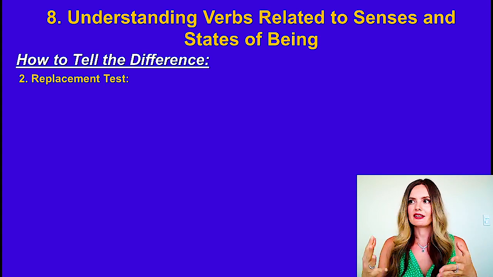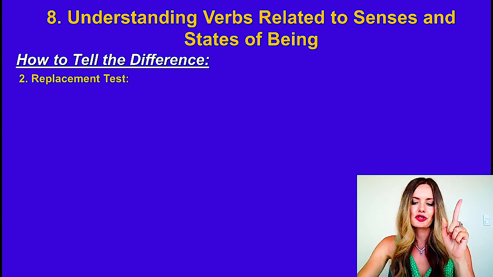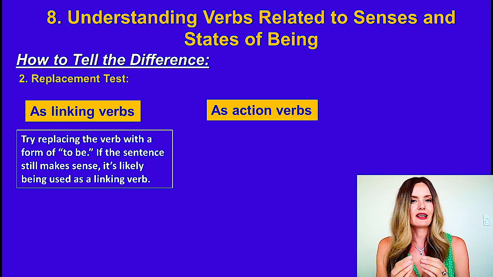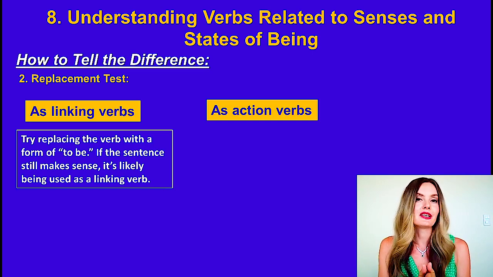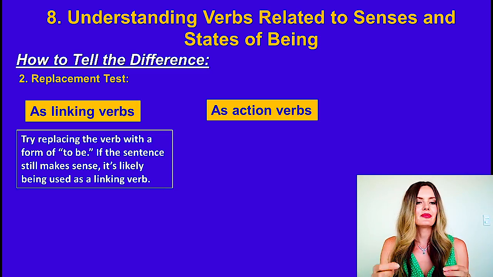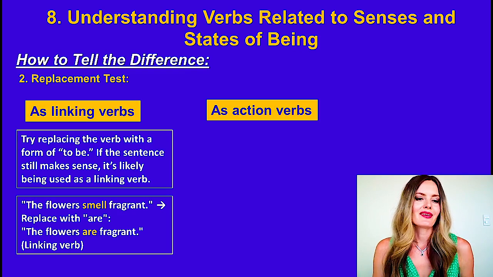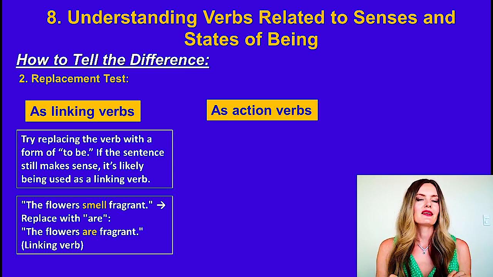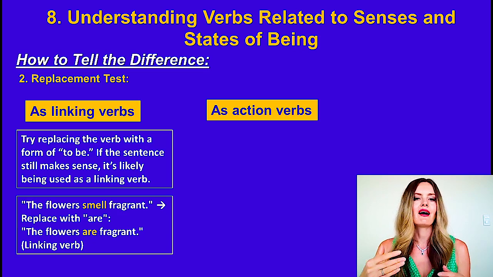But if you're still confused, please try the replacement test. It should definitely work. For linking verbs, try replacing the verb with a form of to be. If the sentence still makes sense, it's likely being used as a linking verb. Let's take a look at this example. The flowers smell fragrant. Now, replace with are.